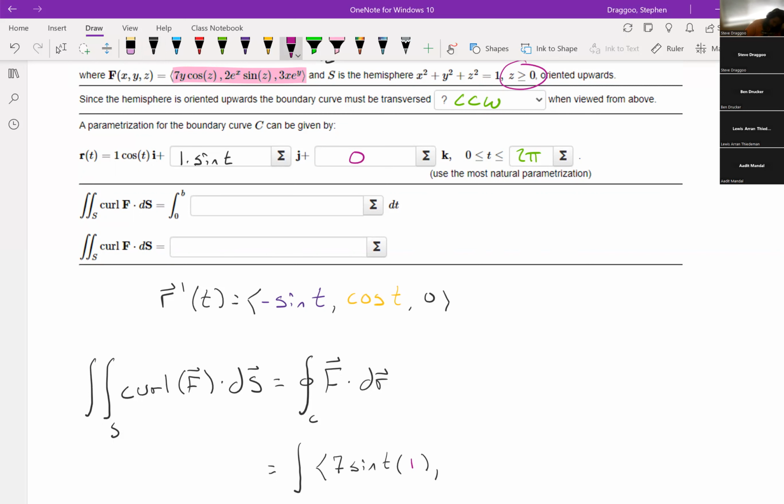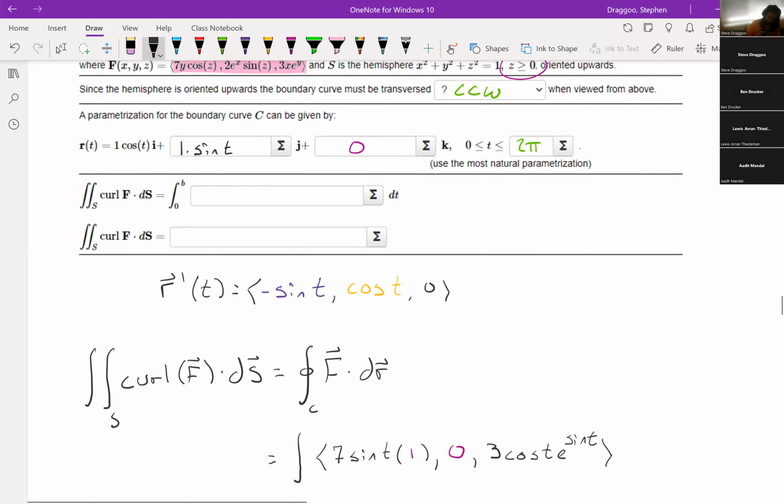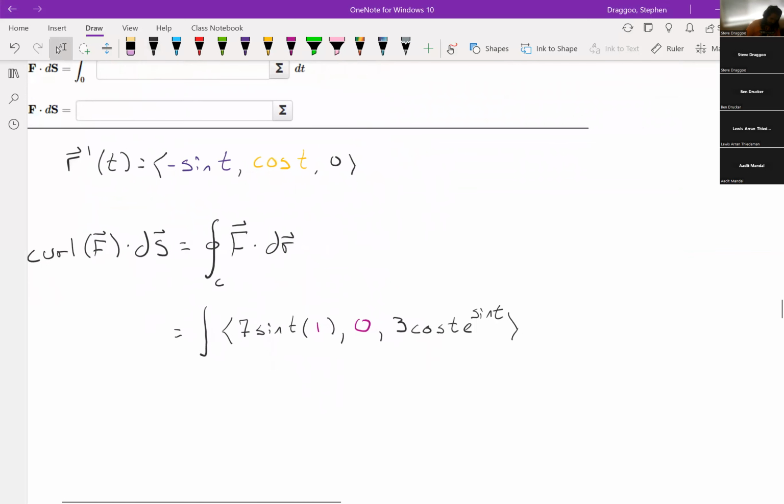So this whole middle coordinate component is 0. Then up next, the last one's ugly, but fortunately our prime is going to come in and save us. But let's just write it out for now. 3x is 3 cosine t, e to the y, which is sine t. All right, cool. That's our field F all written in.